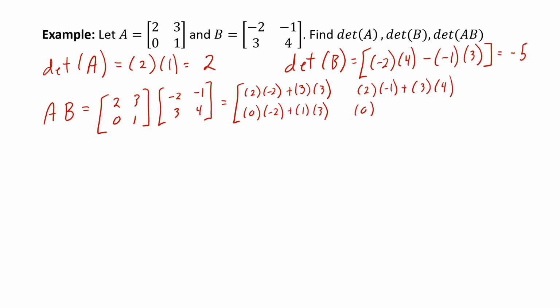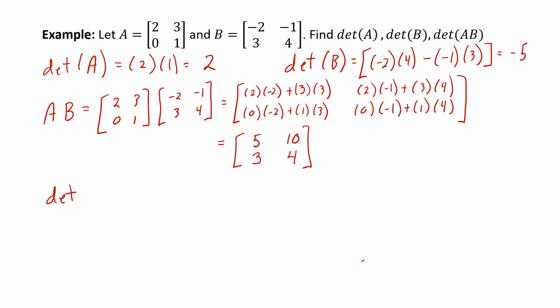And we get 0 times negative 1 plus 1 times 4. So figure all these out, we get negative 4 plus 9, that gives us 5. We get 0 plus 3, gives us 3. Next one gives us negative 2 plus 12, is 10. And we get 0 plus 4, which is 4.